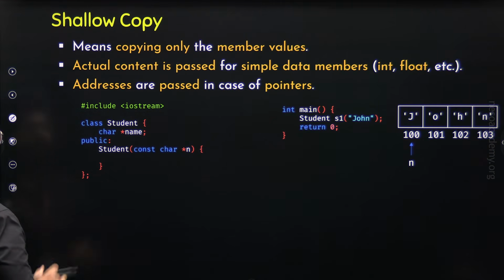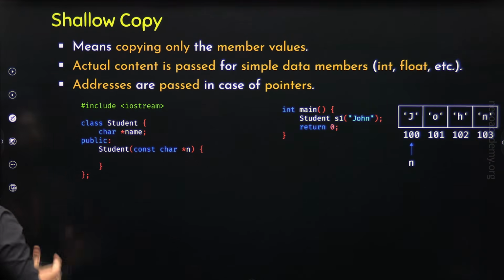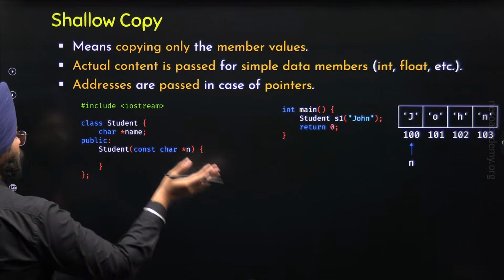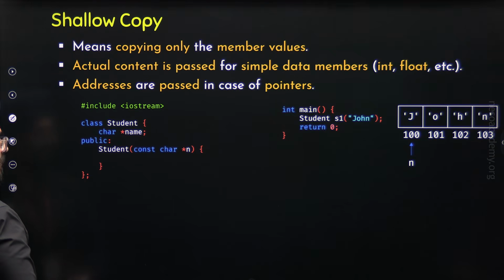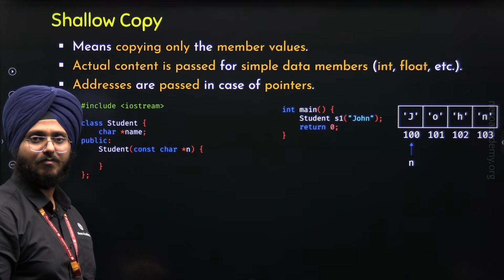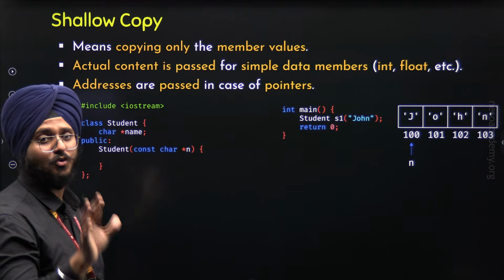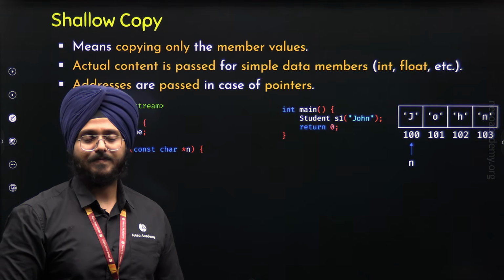Now, we want that name should also point to the string literal. For this purpose, we can easily pass n to name by writing name equals n. In this way, the name pointer will hold the address of the first character of the string literal. But that is what I don't want to do. There is one reason why I don't want to do this.